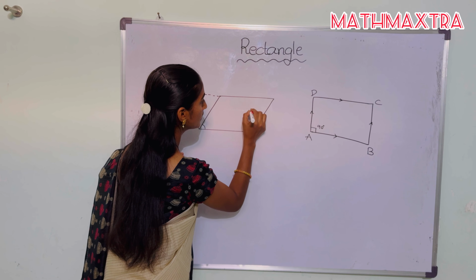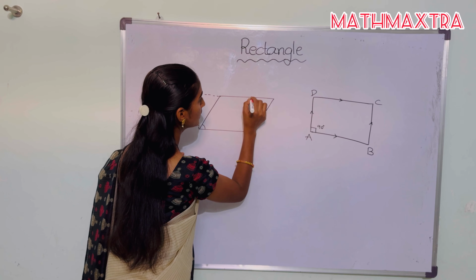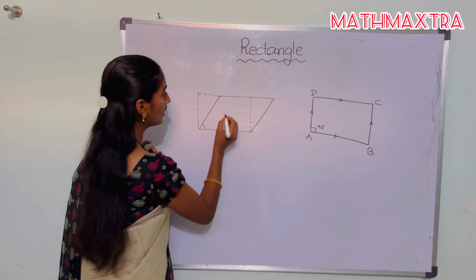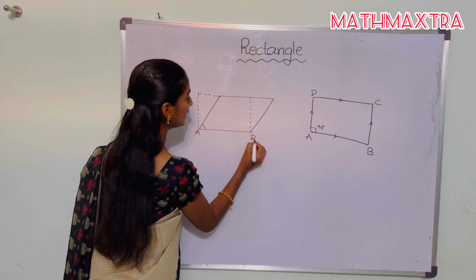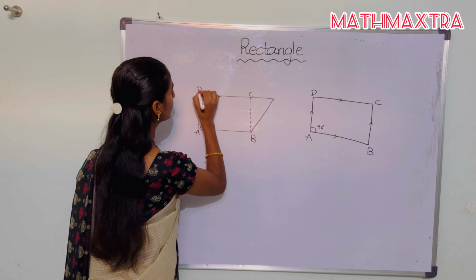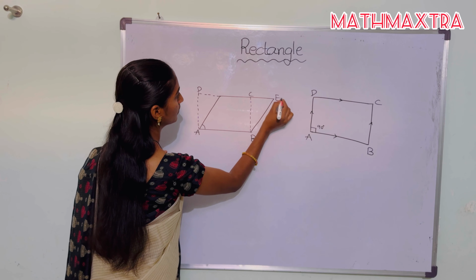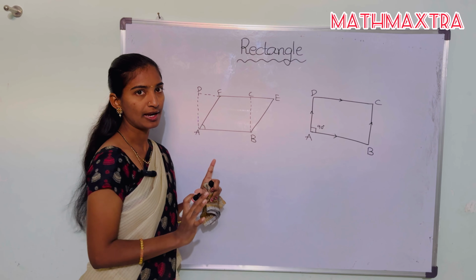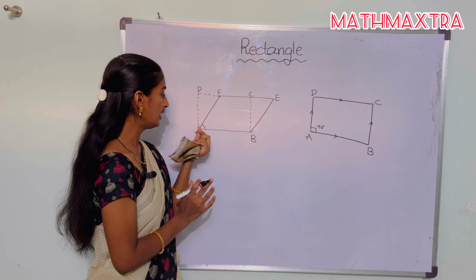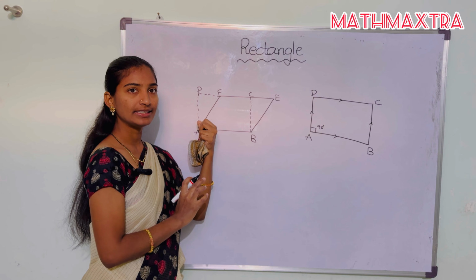So the first, ABEF, is a parallelogram and we are making one of the angles 90 degrees.